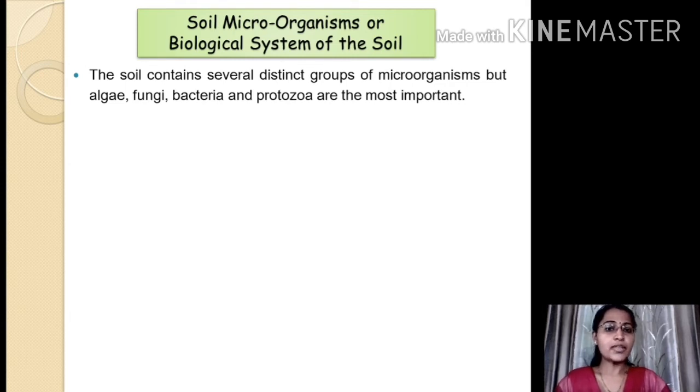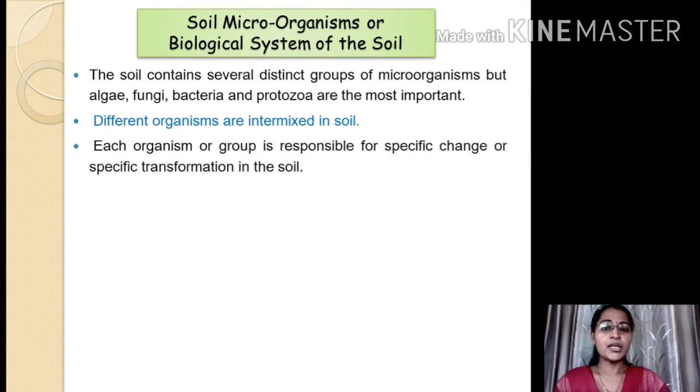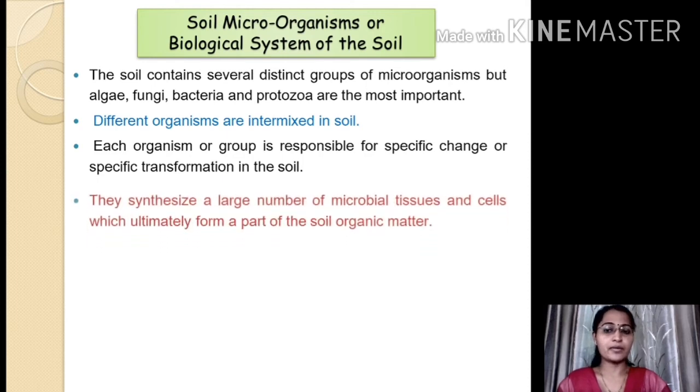But out of that, some are most important, like algae, fungi, bacteria, and protozoa. Different organisms are intermixed in the soil, but each organism or group of organisms is responsible for a specific change or specific transformation in the soil.